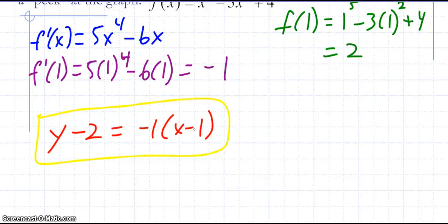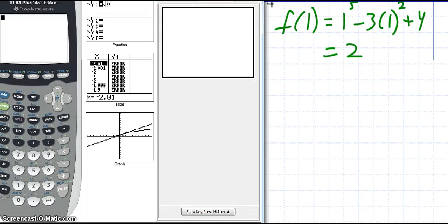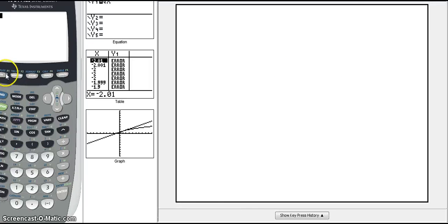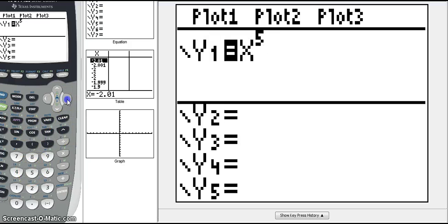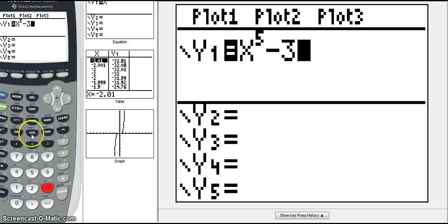Alright, now I want to look at some stuff on the calculator real quick to show you some more tricks. I don't know if those are the right words, but okay, so if we put this function in, we have x to the 5th minus 3x squared plus 4.